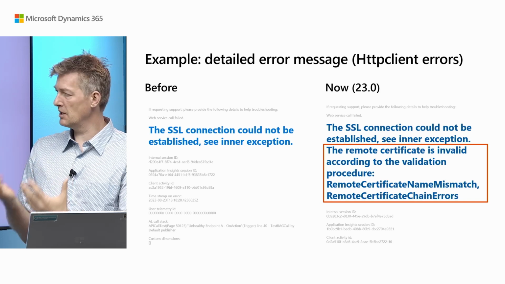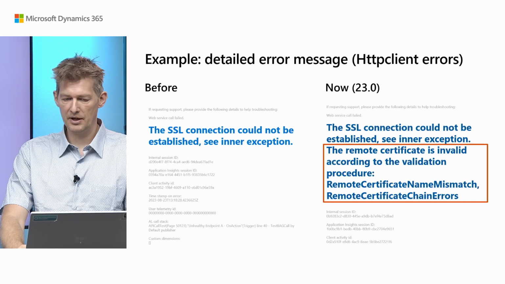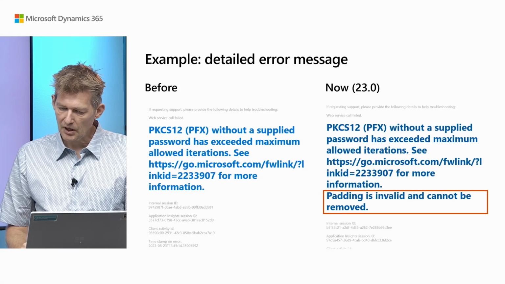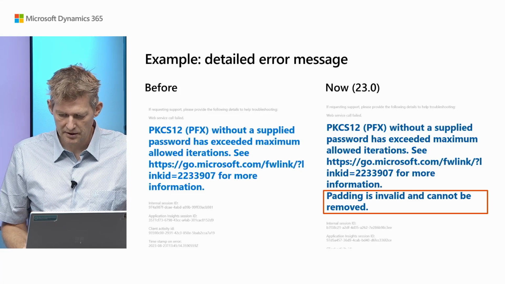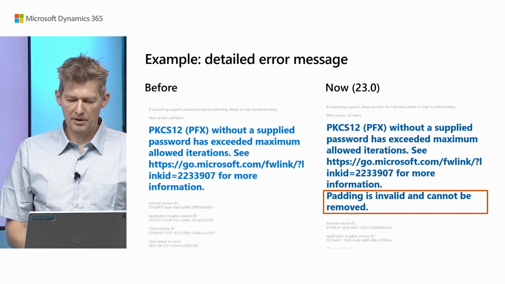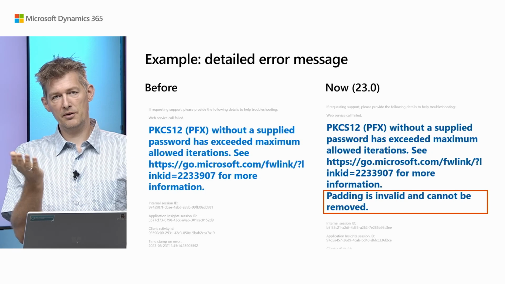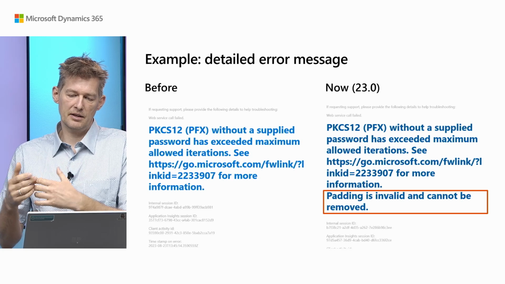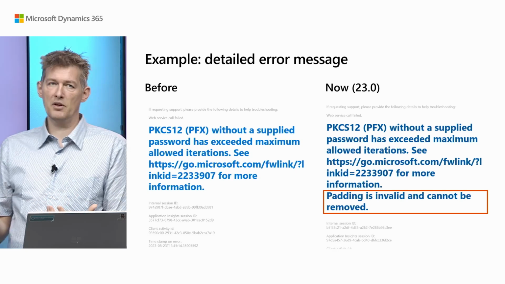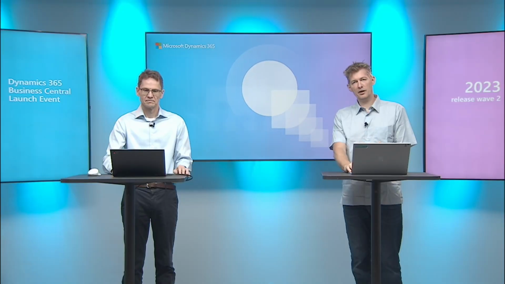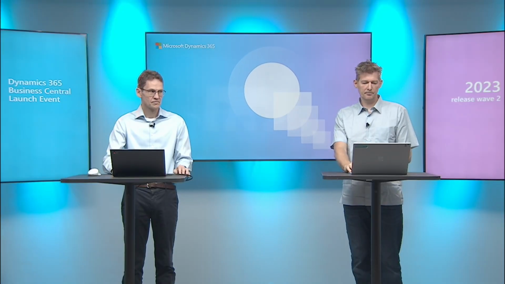Okay, that's much easier to troubleshoot if you actually know that. Another example here is also for a certificate, whereas before you would just get something, but in fact the problem from the inner exception was padding was invalid and cannot be removed, and you need to fix your code. So it's just giving you some better options to find out what's wrong.